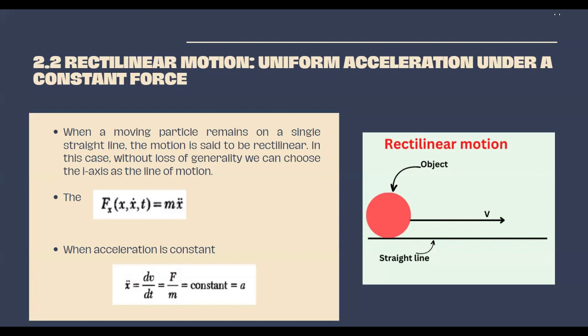It is usually measured from a reference point or origin. And ẋ is the velocity, which is the rate of change of the position with respect to time, dx over dt, and it is a vector quantity and has both magnitude and direction. And t is the time.